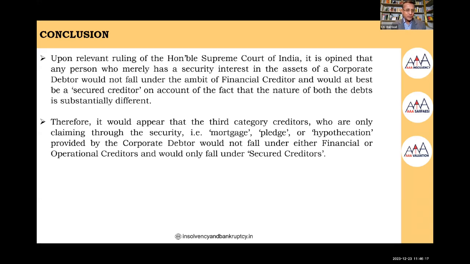Financial creditors are those financial institutions who are involved in the company. They are involved in the growth of the company. They have seen the company right from the beginning. So these creditors have a limited interest of enforcing their own security interest, monetizing that security. And in case they are not able to monetize that secured asset, they would have no recourse on the corporate debtor. Therefore, their status would be indirect secured creditor.